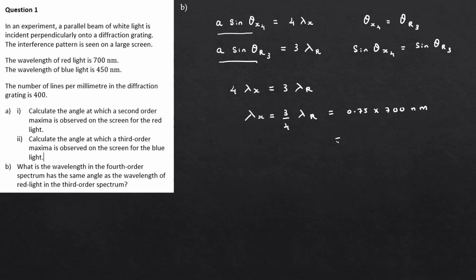Et là, dans ce cas, vous pouvez gagner 525 nanomètres. Alright là, ce wavelength est plus petit, donc il faut un higher order pour le match avec un red sur lower order. Parce que red diffract more.